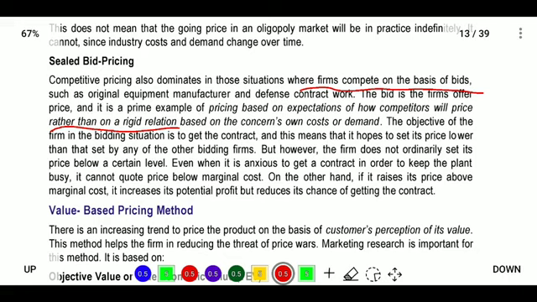The objective of a bidding situation is to get the contract, and this means the firm hopes to set its price lower than the others. So if the other person is bidding 50 rupees, some person in the market expects this product to be 50 rupees, so I will put 49, then I will get the profit. It is the same as sealed bidding.